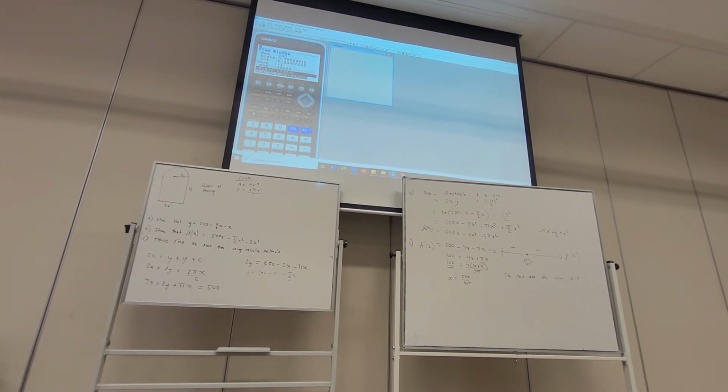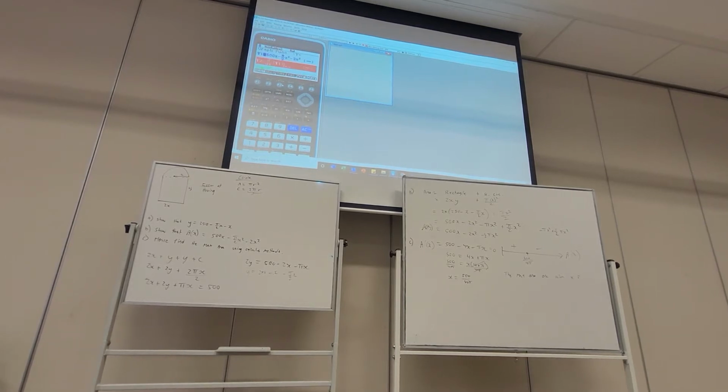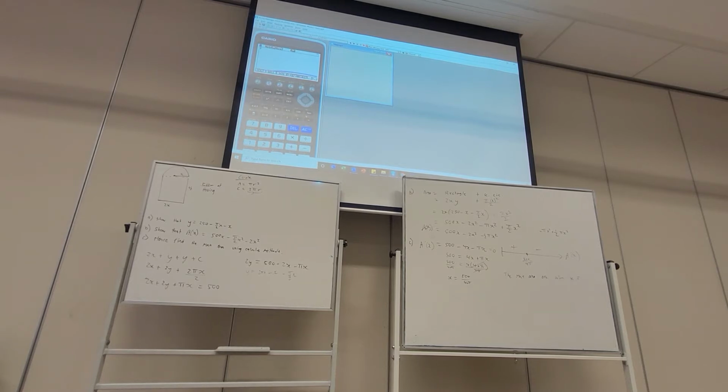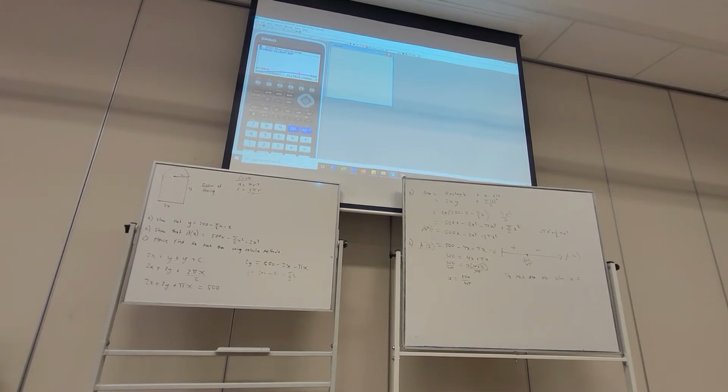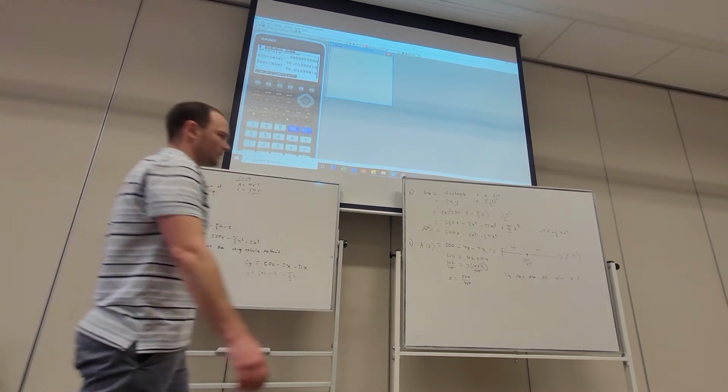So you just keep going till you can see it. Okay, there we go. And then you can just go G-Solve, max of the blue function. All right, that x value is 70.01. And watch what happens when I do 500 divided by pi, 4 plus pi. 70.01. Okay? So you can get that 70.01 from the calculator.